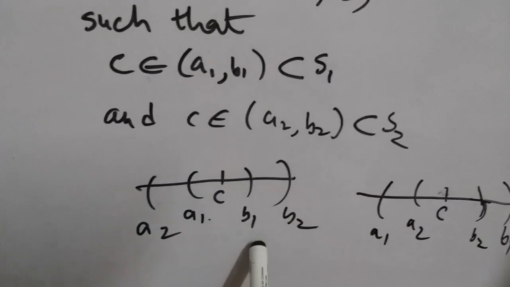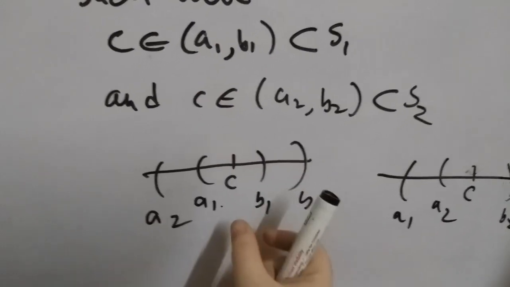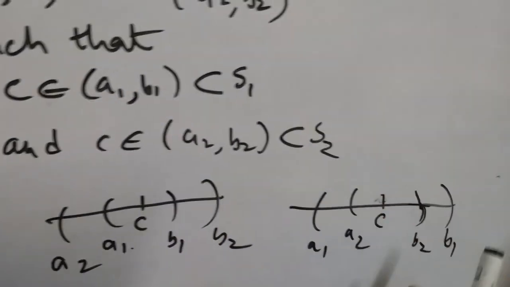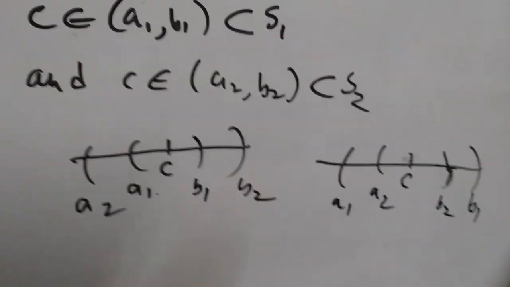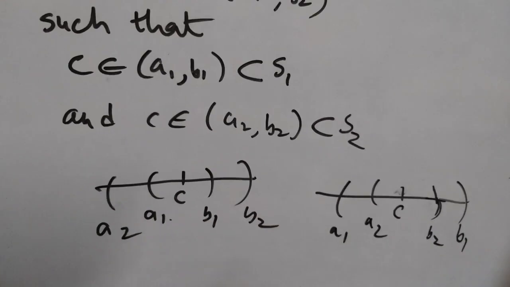In this case the open interval (a1, b1) is contained in (a2, b2), or in this case the open interval (a2, b2) is contained in (a1, b1). Only these two cases are possible.